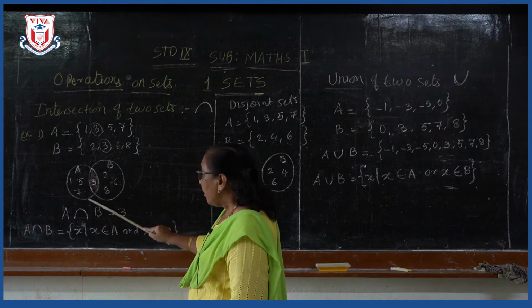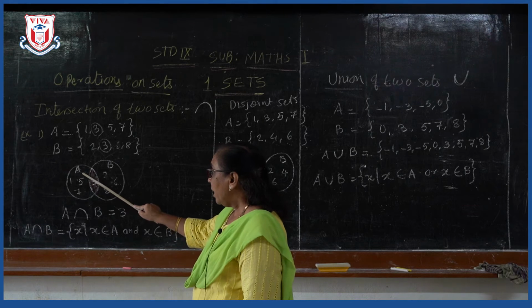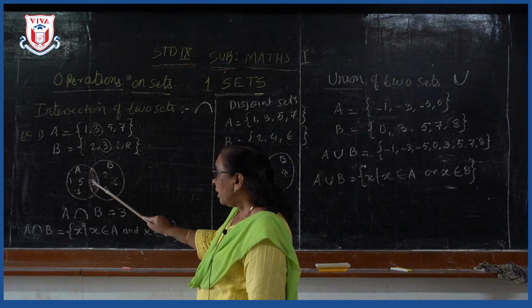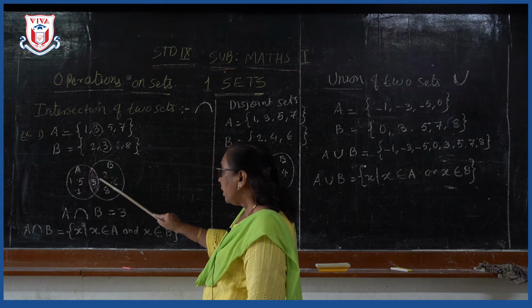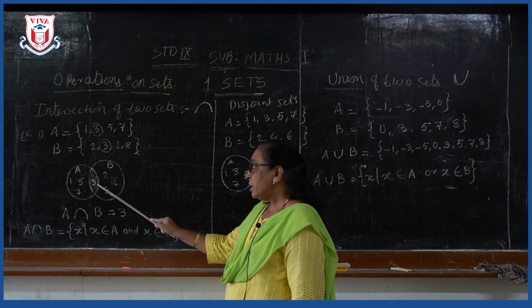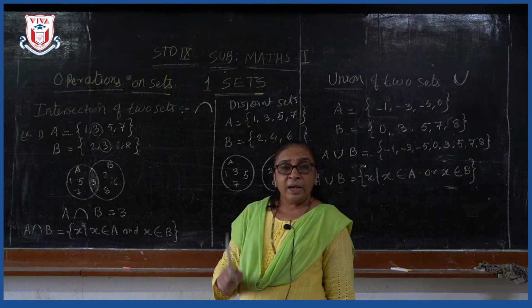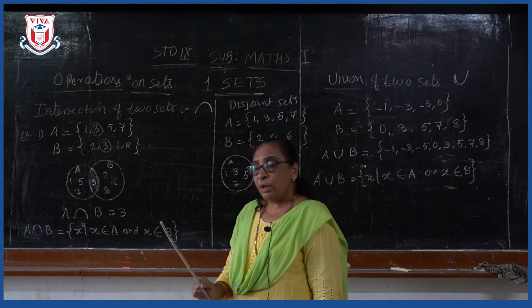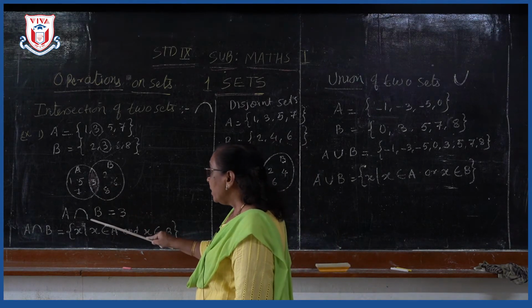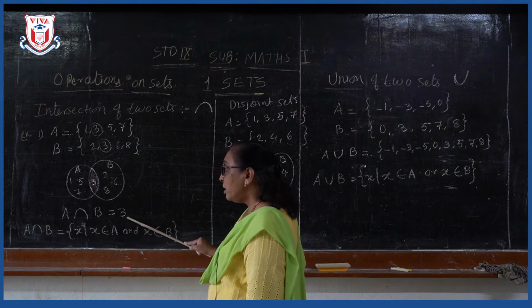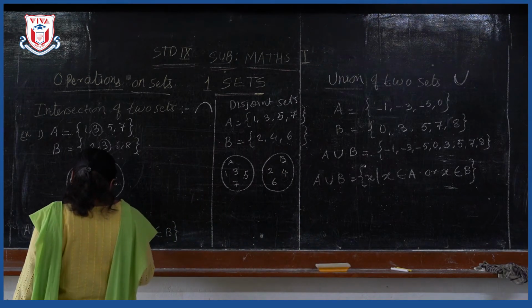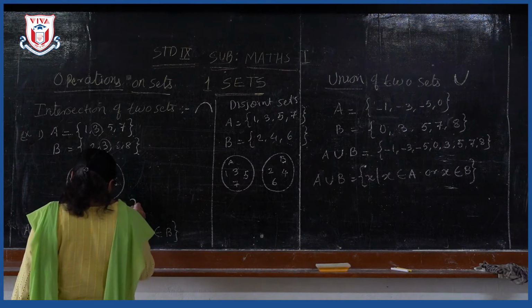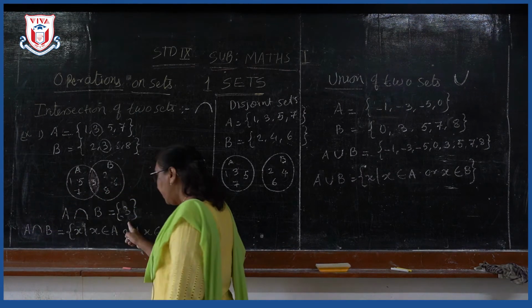See this left side circle, set A consists of elements 1, 3, 5 and 7, and B consists of 2, 3, 8 and 6. Means 3 belongs to A and 3 belongs to B also. So A intersection B is what? 3 only. So A intersection B will consist of one element, and that is 3.